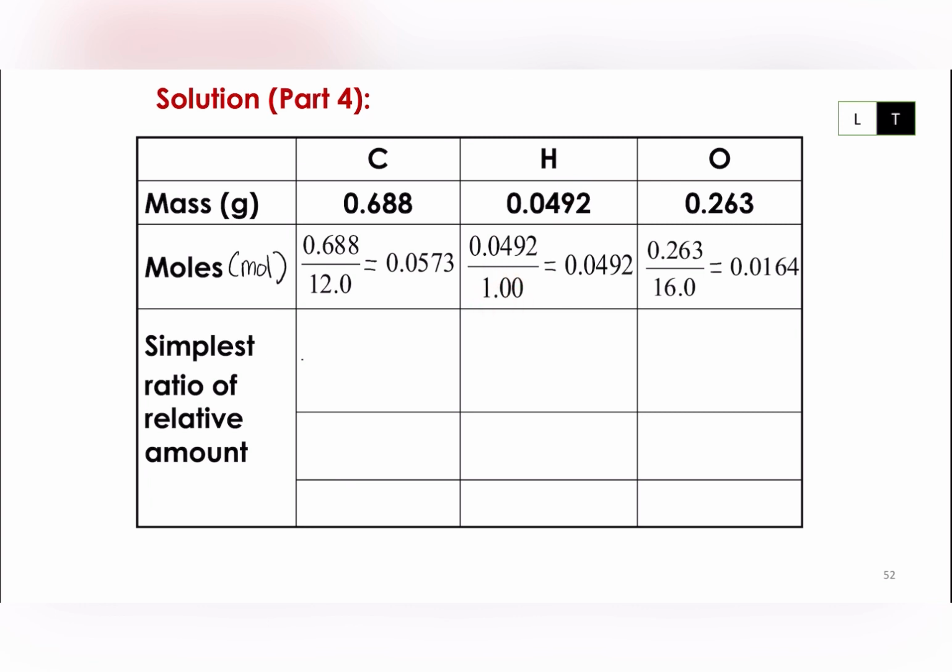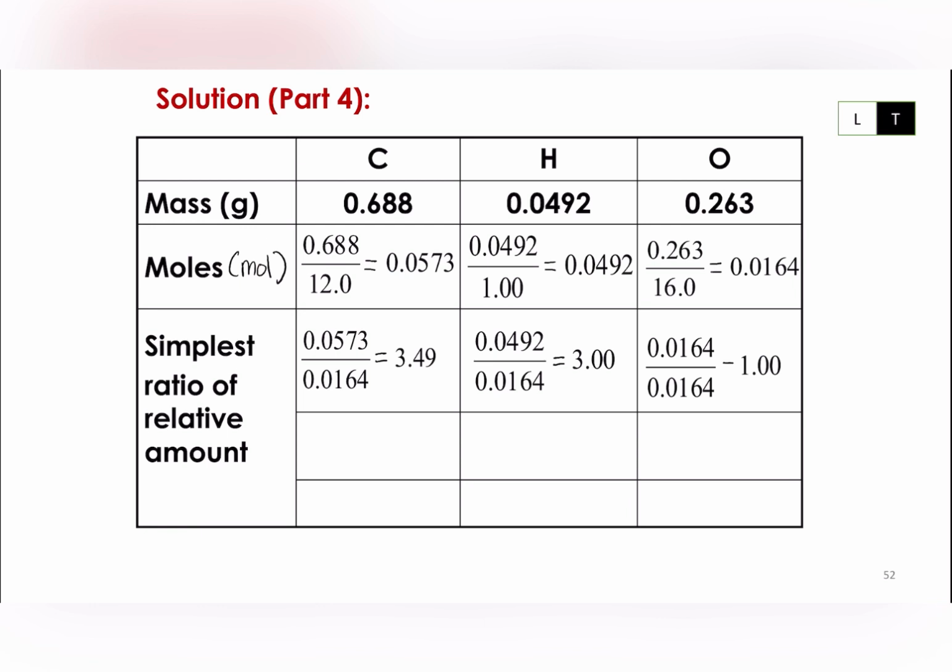You got the smallest value for moles, which is 0.0164. So I'm going to choose that as my denominator to determine the simplest ratio. So I will have for carbon here, for hydrogen here, and for oxygen. Please be careful for this one. It's quite far to round off.